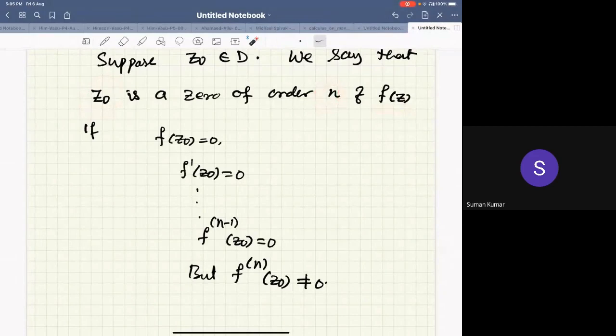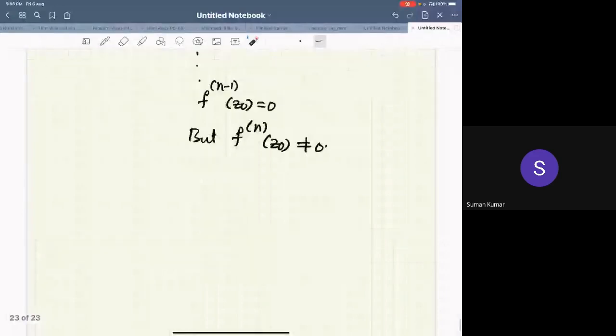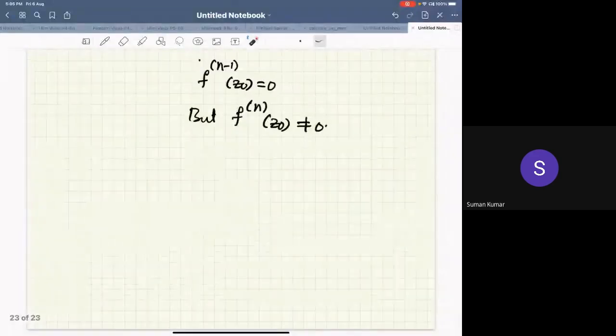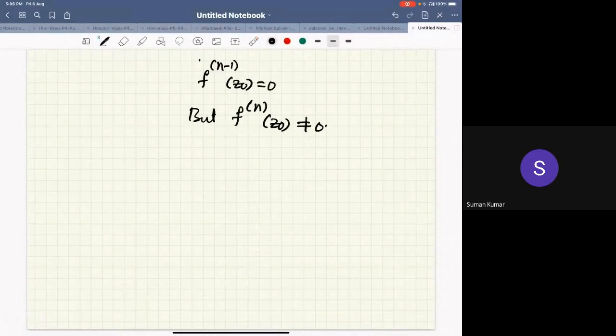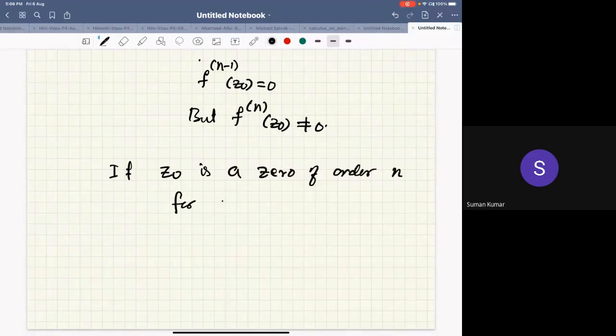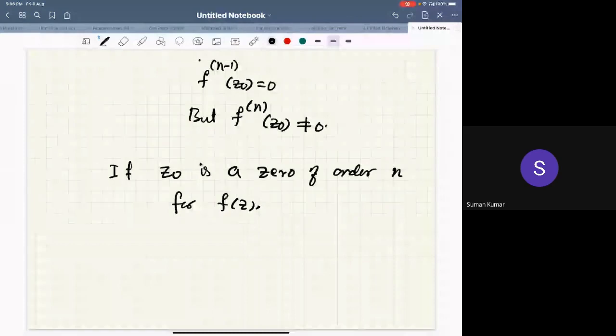So if z0 is a zero of order n for f of z, we can always express this in the power series form. I will just explain.